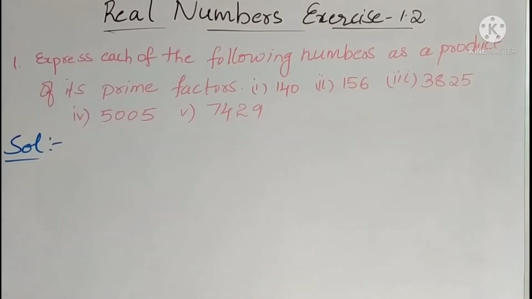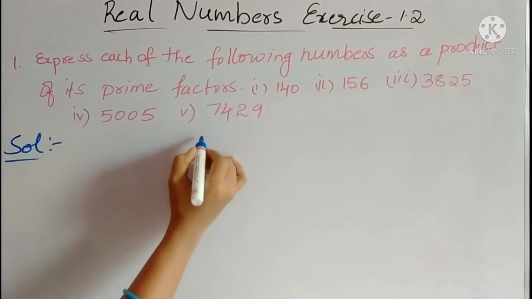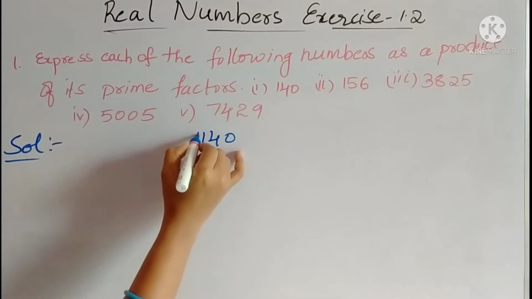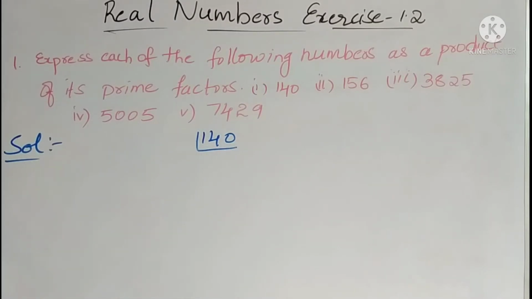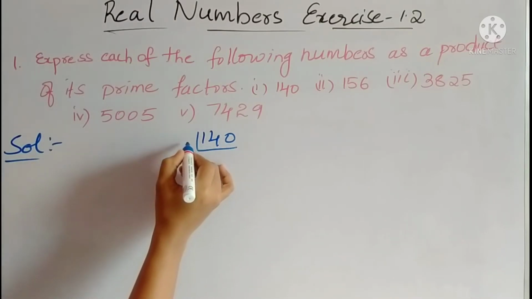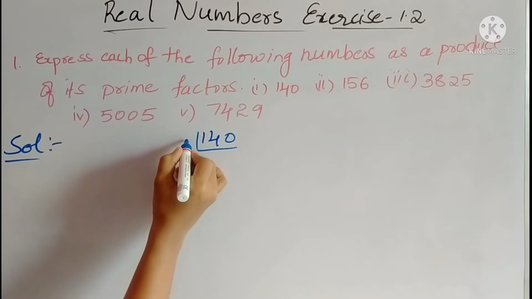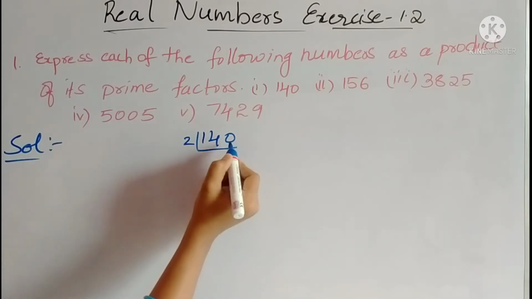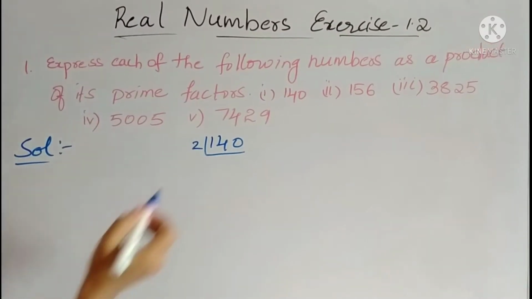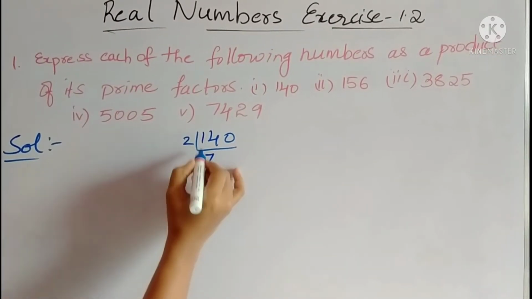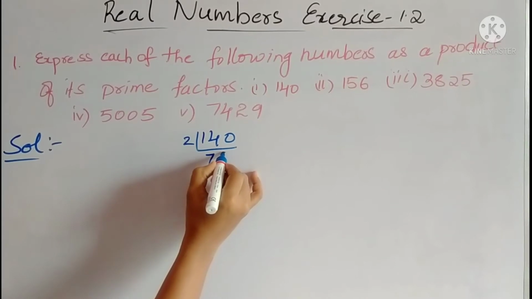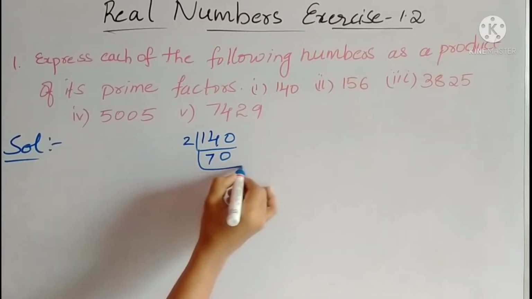Here the first problem is 140. First of all, we have to find the prime factors for 140, as a product of prime factors we should write. So 140, first least prime number is 2, and here in one's digit 0 is there, so it is divisible by 2. 2 sevens are 14 and 0.